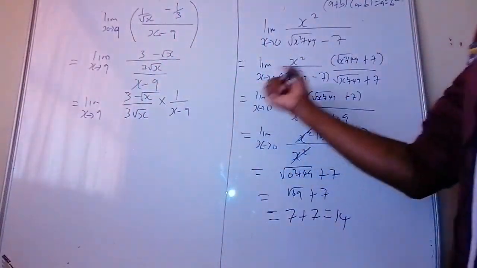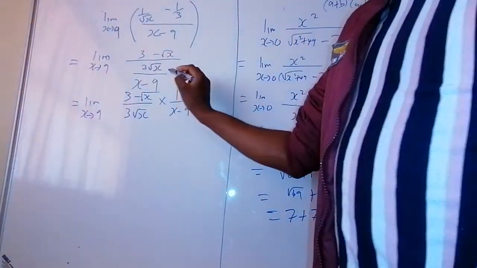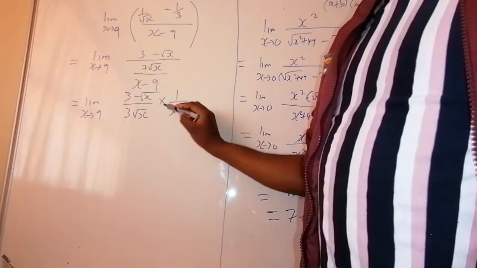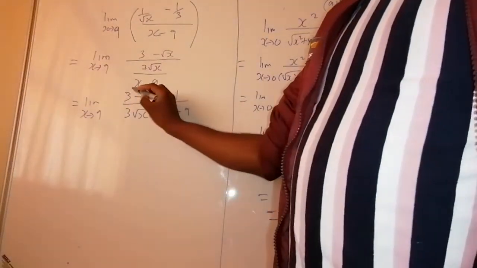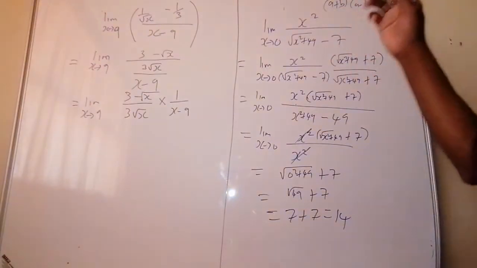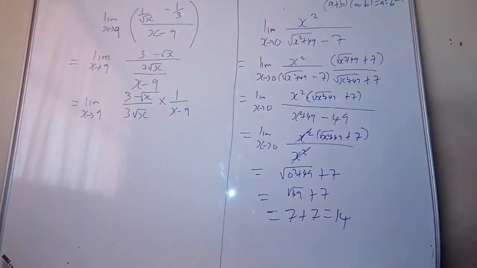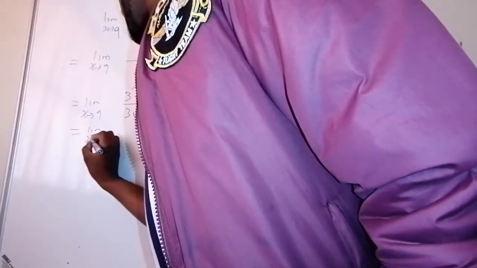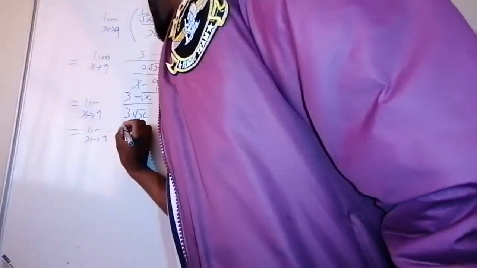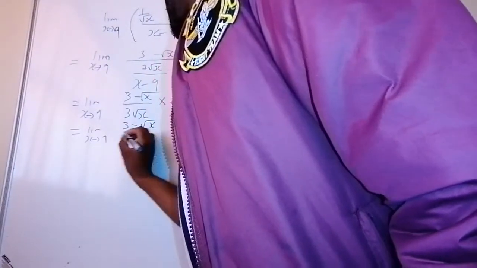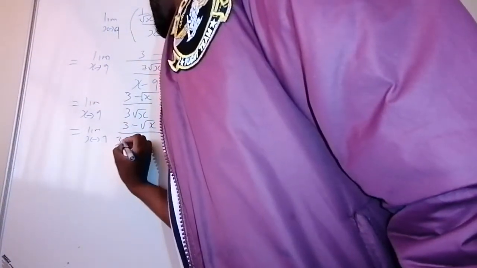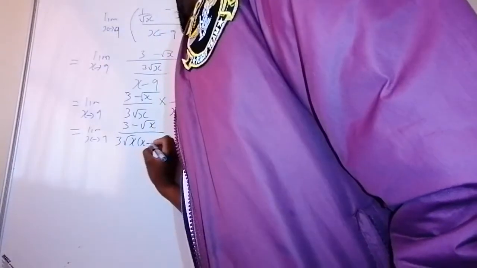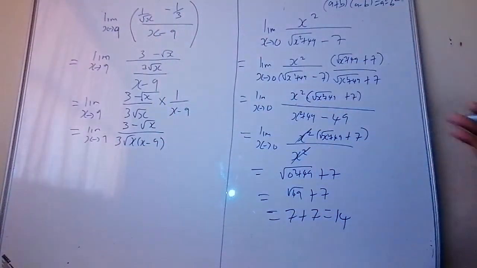What I did there was to change this division sign into a multiplication sign, and when I do that, this is x minus 9 divided by 1, so it changes to 1 over x minus 9. I just want to simplify this, just want to make my life a little bit easier. This is 3 square root of x into x minus 9. So now when it's like this, it's much easier to solve.